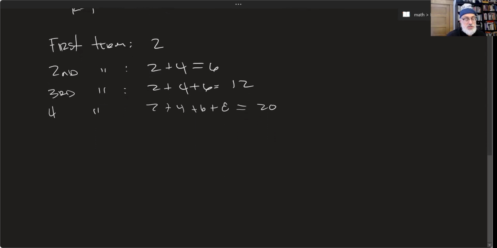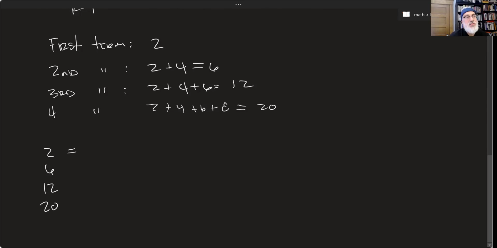So if I sum to some n, and n is 1, I get 2, n is 2, I get 6, n is 3, I get 12, n is 4, I get 20, and so on. So we want to conjecture a formula. 2n, this tells us it's even. So let's look at how to maybe write these as factorizations.